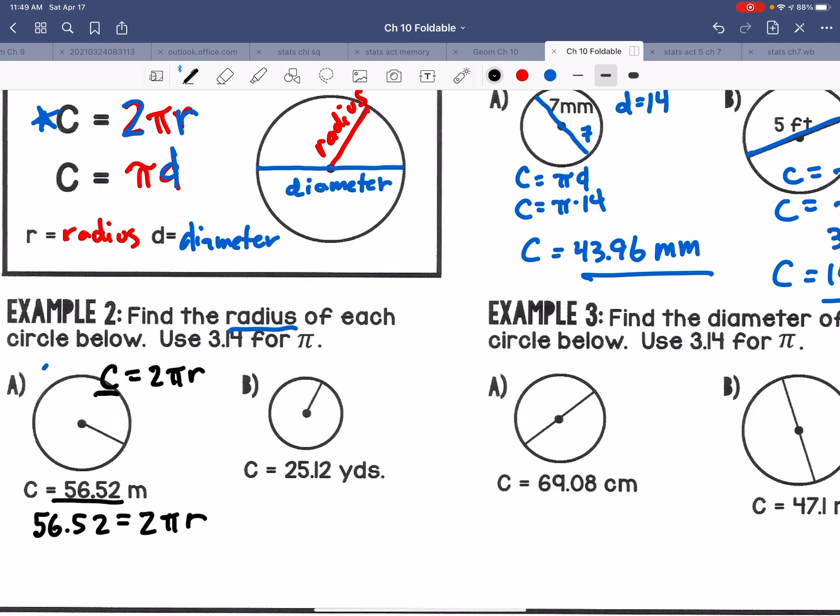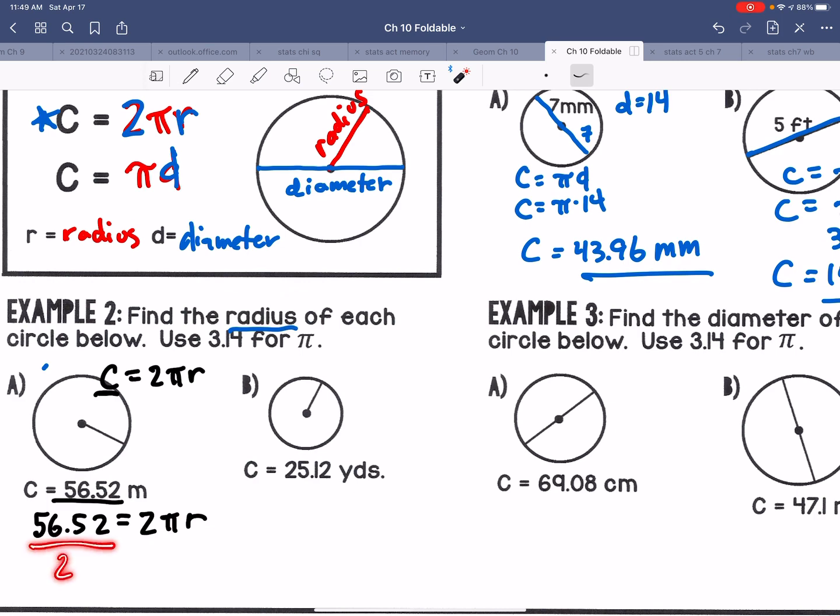Now we talked about what we like to call a Lynch swap. Notice if I divide by 2 on both sides, that's the division property of equality from algebra, these would cancel, leaving us the r. And that's what we want to do, is get r by itself on one side.